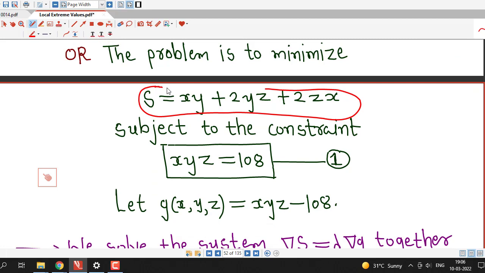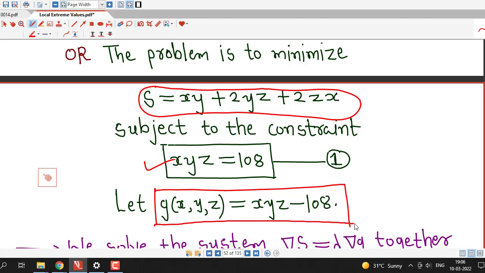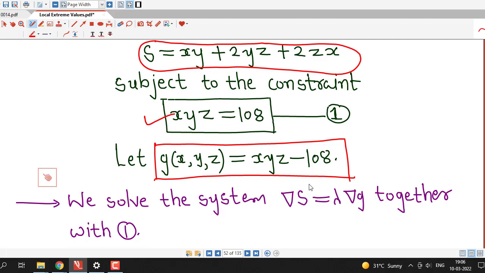So the function which we want to minimize is this function S of x, y, z, and this is the constraint. We consider function g(x, y, z) equal to xyz minus 108.